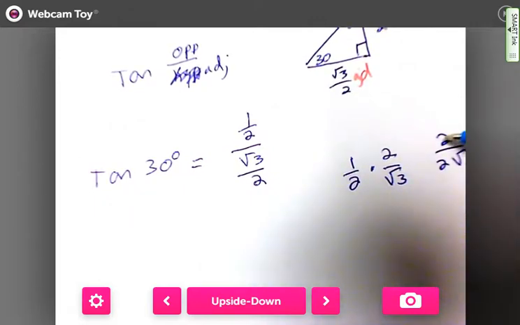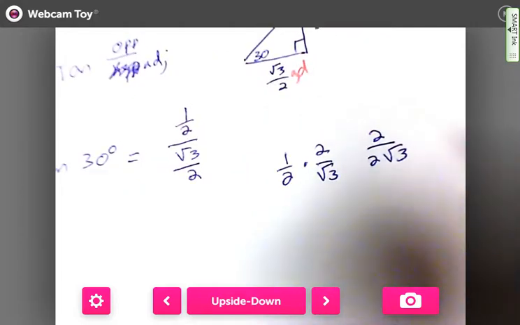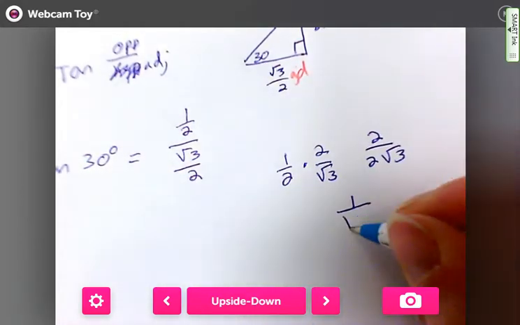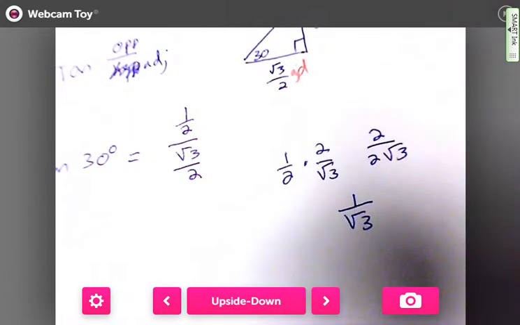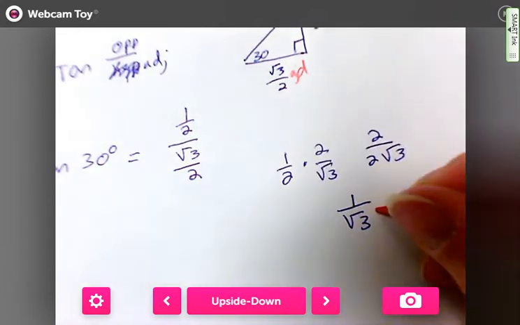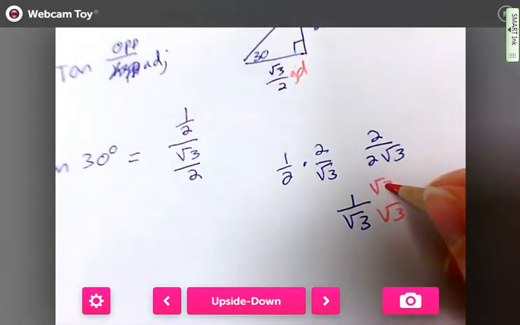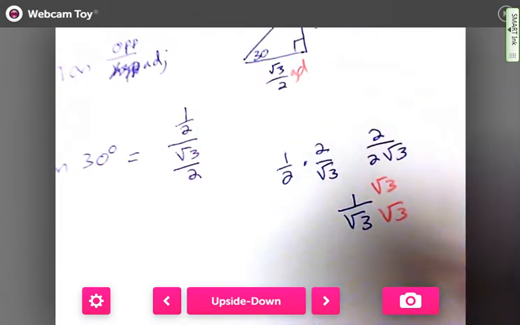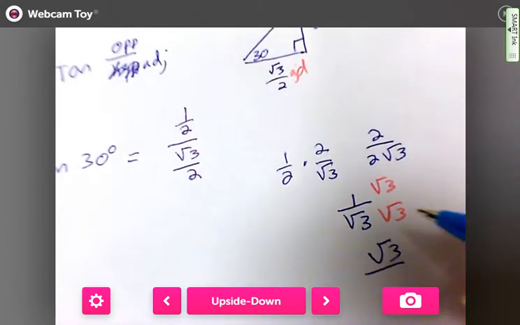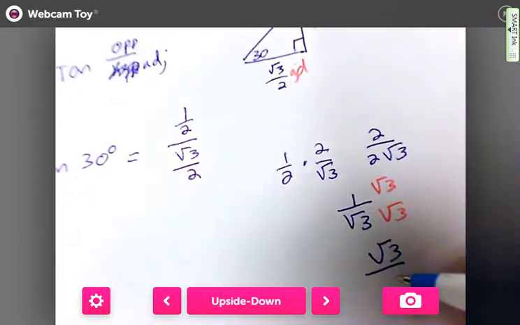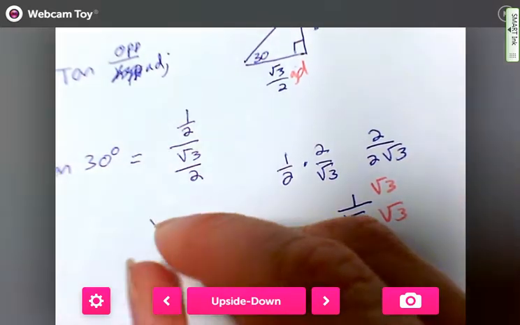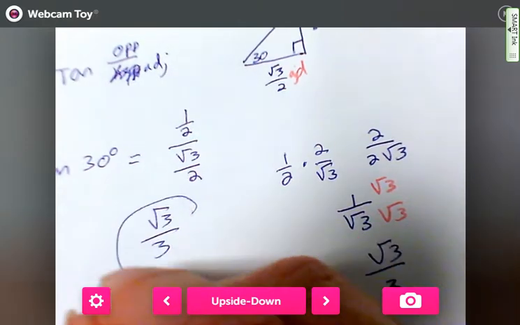Is there a 2 on the top and the bottom? Okay, so that's just 1 over the square root 3. Uh-oh, can I have a square root 3 on the bottom? No, so we're going to multiply the top and bottom by the square root 3. Okay. So we get square root 3 over, what's 3 times 3? Square root of 9 is? 3. So the tangent of 30 is square root 3 over 3.